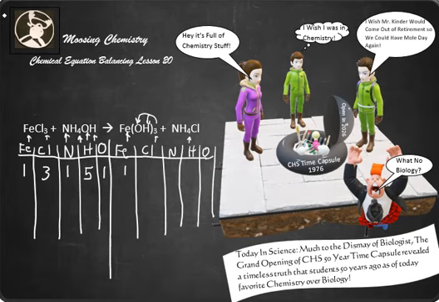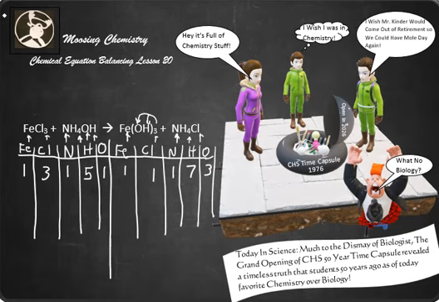So 3 plus 4 is 7 H's. All right. Look at our nitrogens. We only have one of those, so we're good there. Our chlorines, we have one of those there. Let's look at our oxygens. We have 3, because 3 times 1 is 3. Now, 1, 3, 1, 5, 1 does not look like 1, 1, 1, 7, 3. We want those numbers to be the exact same.